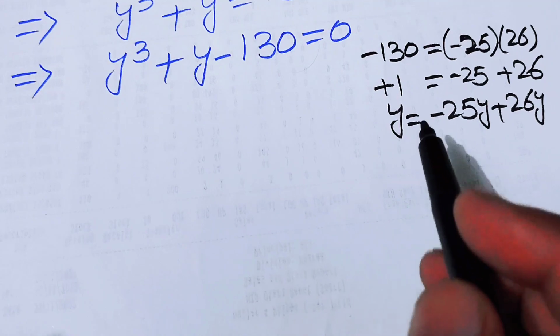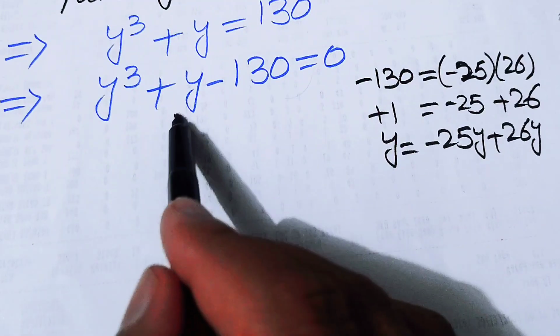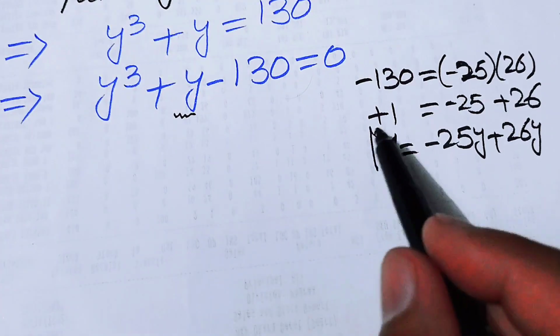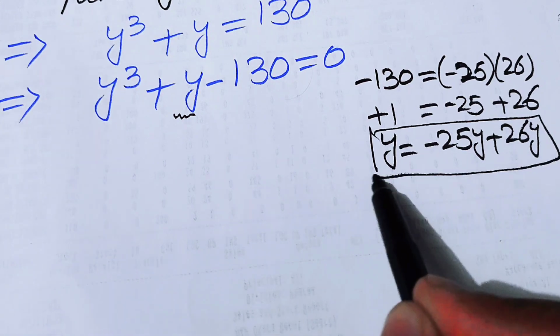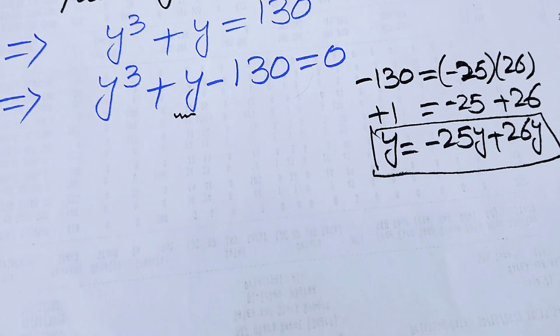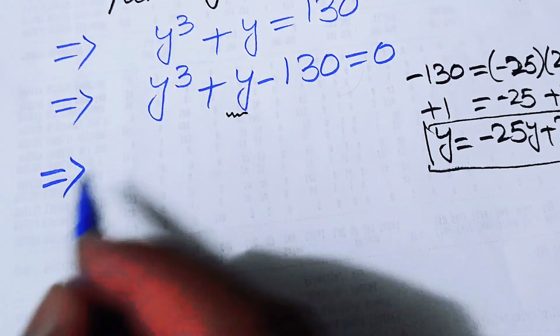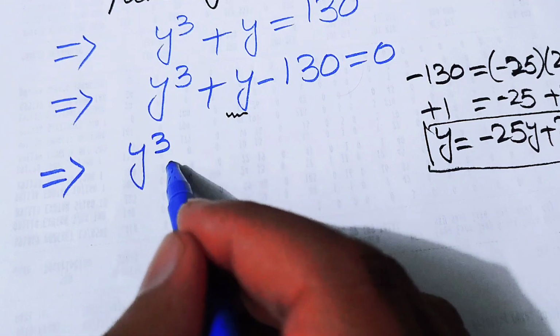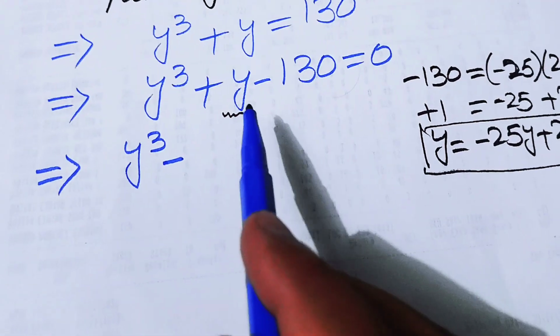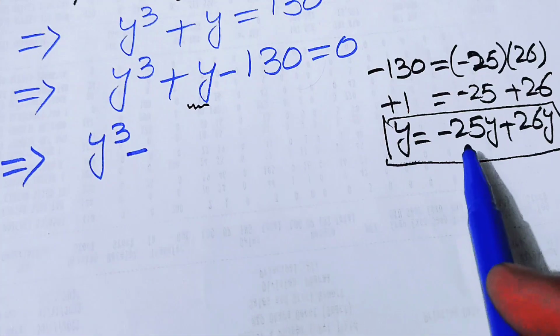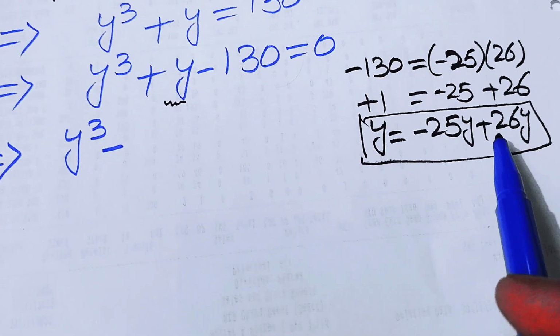So now we just replace this y by this term, so that our given equation will be written as y cubed, and we put the value of y, which is minus 25y plus 26y.